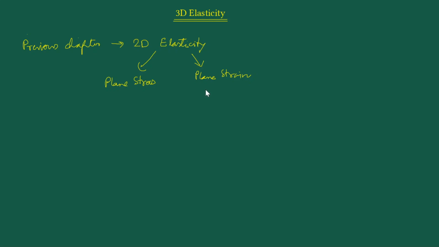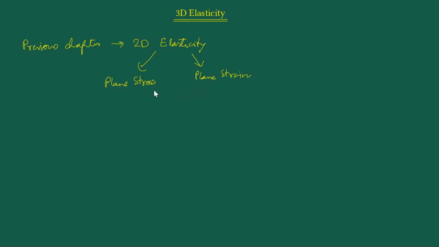All right. So if you're interested in solving various problems involving beam-like or plate-like structures, then these two categories are sufficient to address those things. However, you can imagine very easily that there are a number of problems which simply cannot be reduced to these kinds of situations, be it plane stress or plane strain.